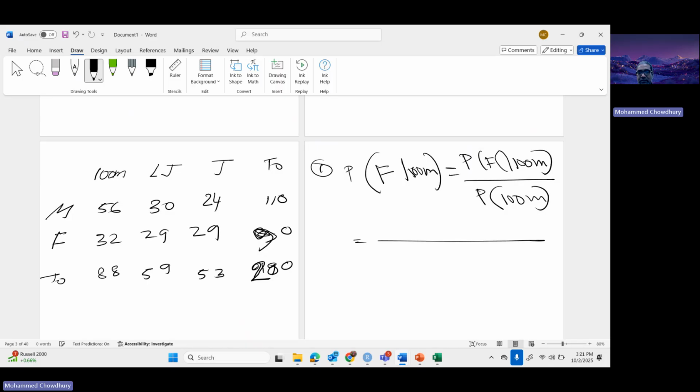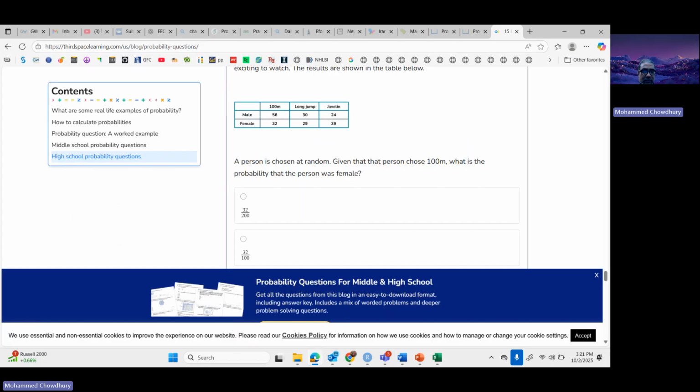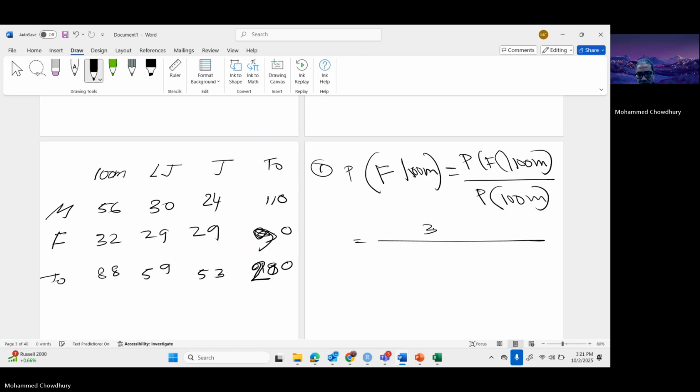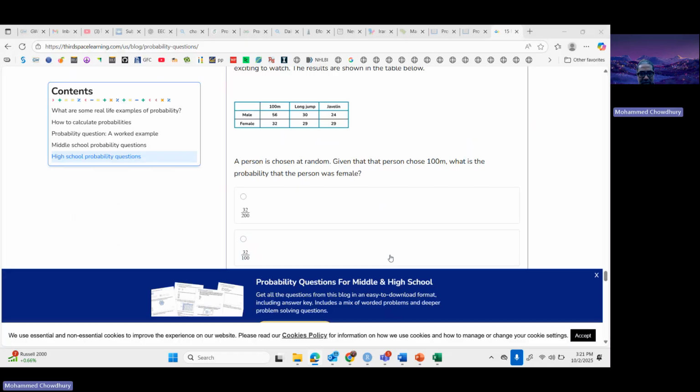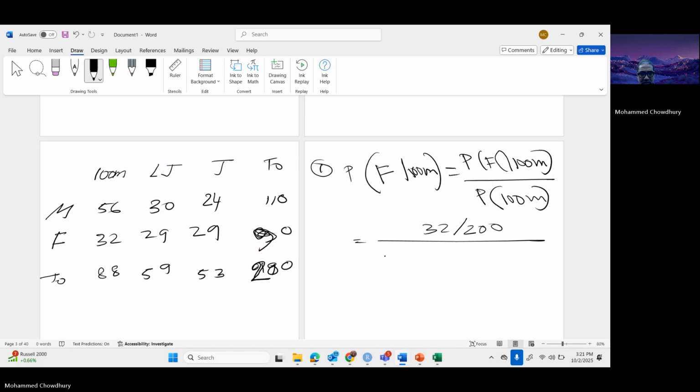This is the answer. Female and 100 meter, 32 over 200, and 100 meter, 88 over 200. So the answer is 32 over 88.